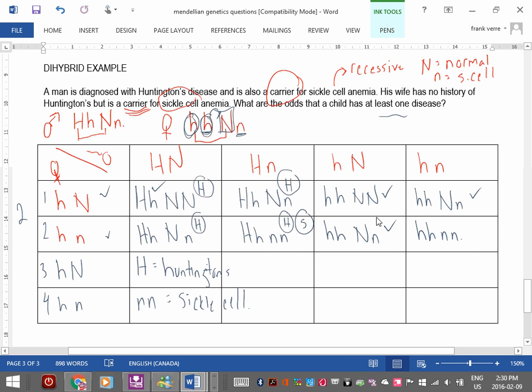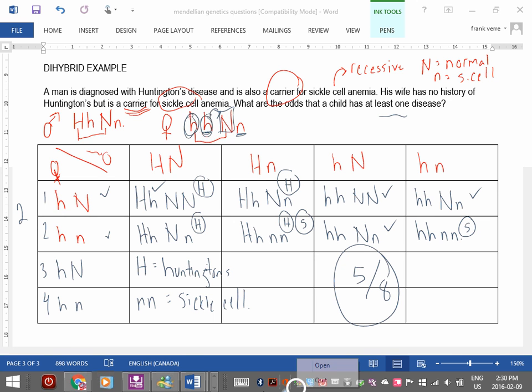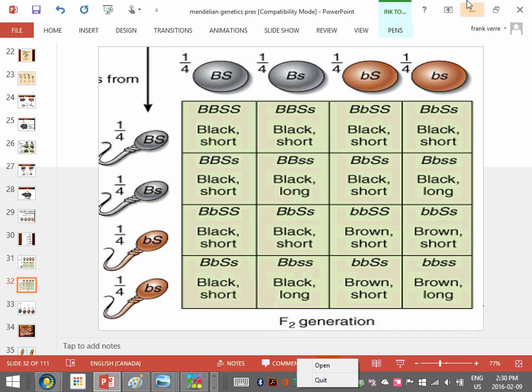It's a carrier for sickle cell. And this one does not have Huntington's, but does have sickle cell, therefore has at least one disease. So how many? 5 out of 8. 5 out of 8 have at least one disease. Okay? We'll continue tomorrow.